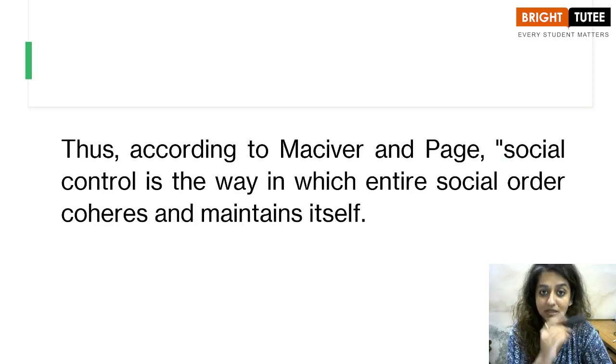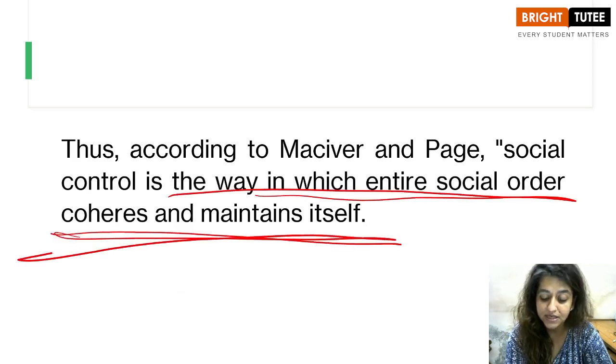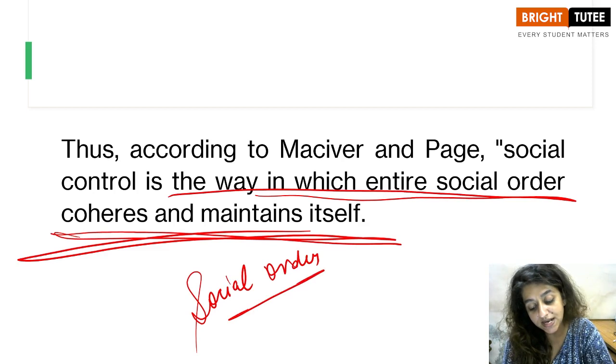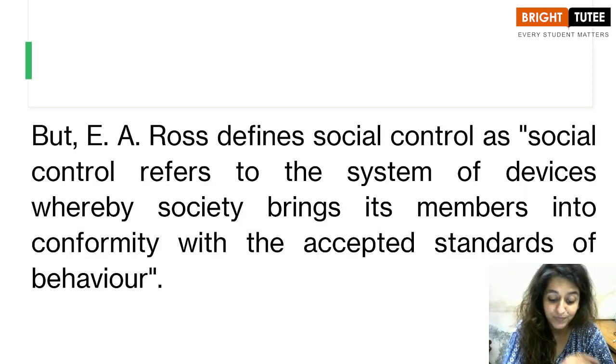Thus, according to MacIver and Page, social control is the way in which the entire social order coheres and maintains itself. So the entire social order maintains itself only by the process of social control.